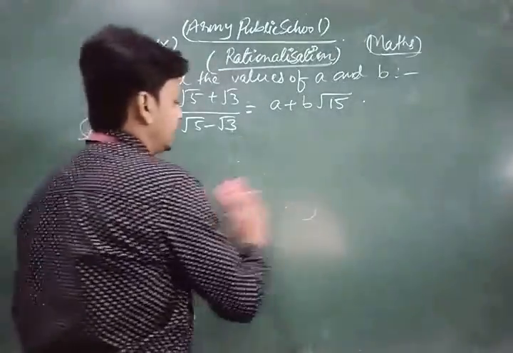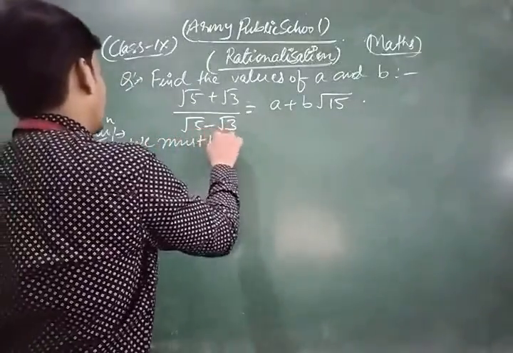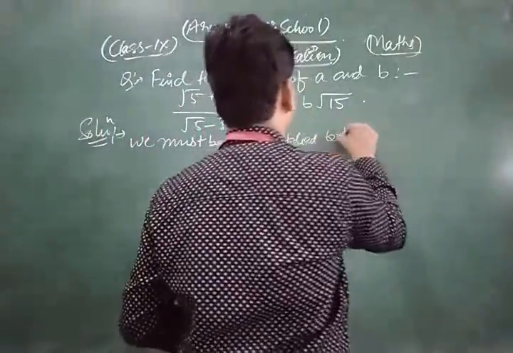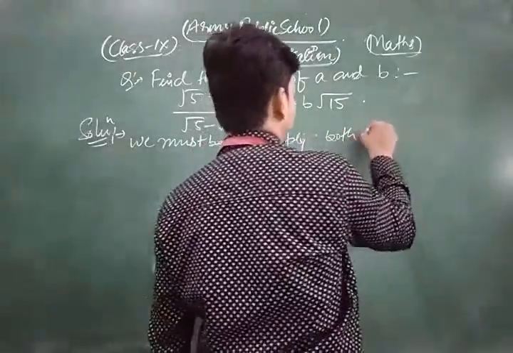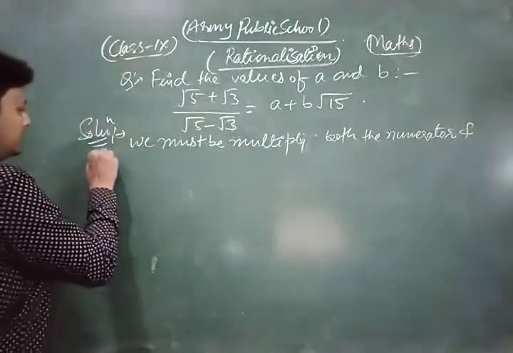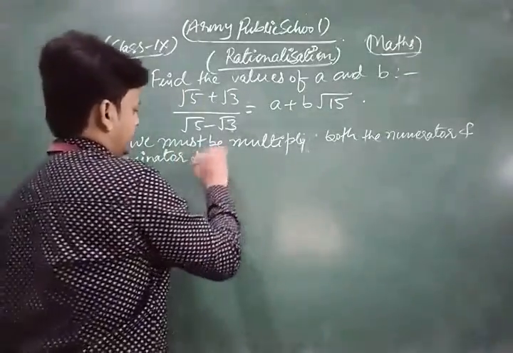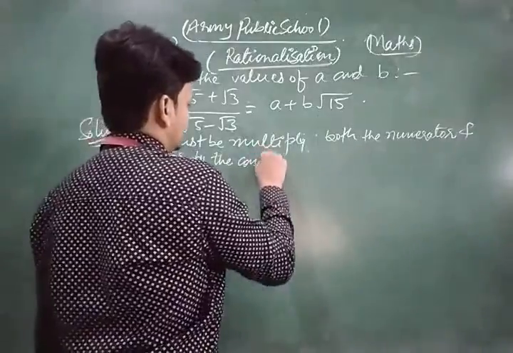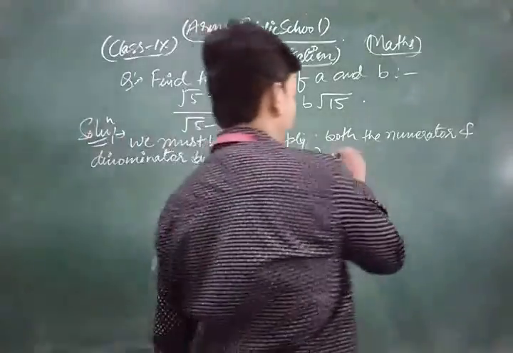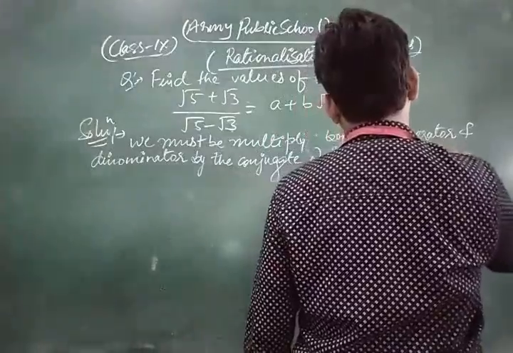Now look, in this type of question we must multiply both the numerator and denominator by the conjugate of its denominator.